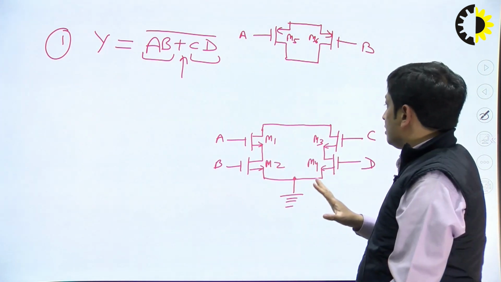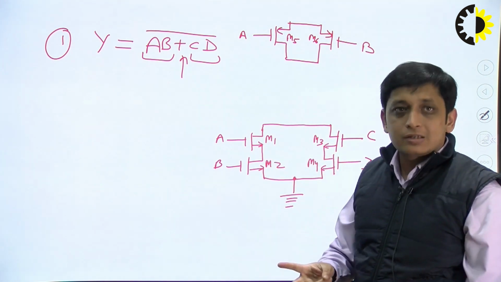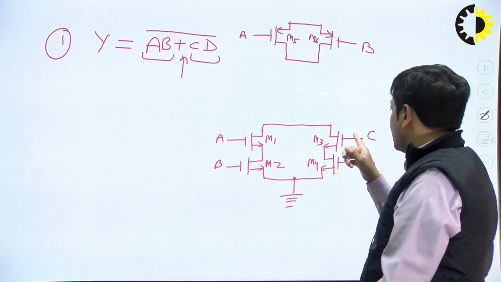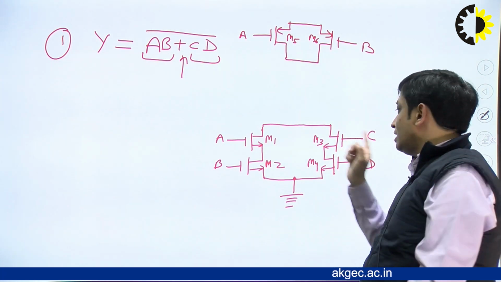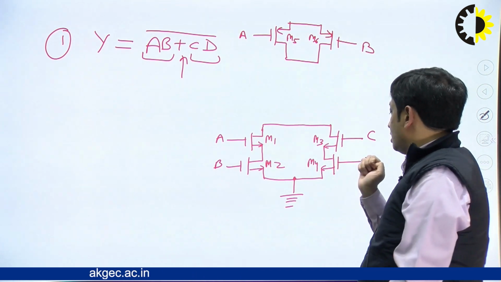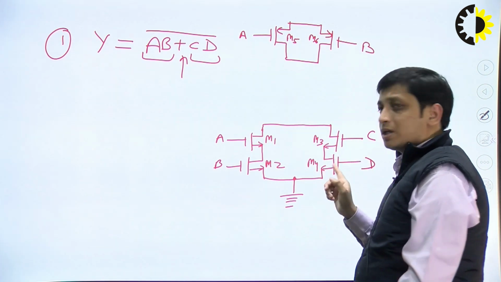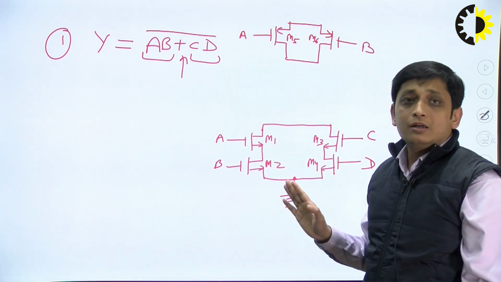Similarly, we will require two more PMOS transistors at which the same inputs will go, that is C and D. So C and D inputs are coming at the gate of M3 and M4, and M3 and M4 are in series.